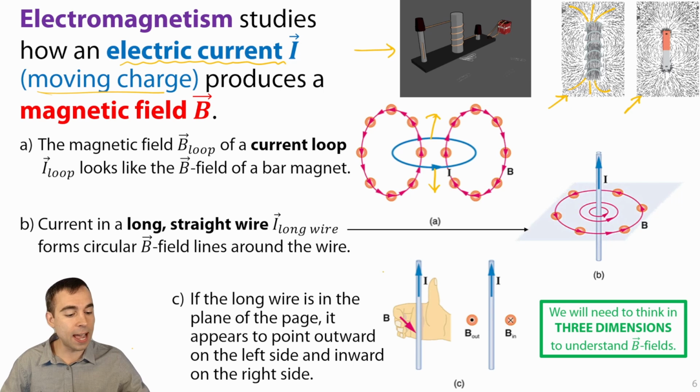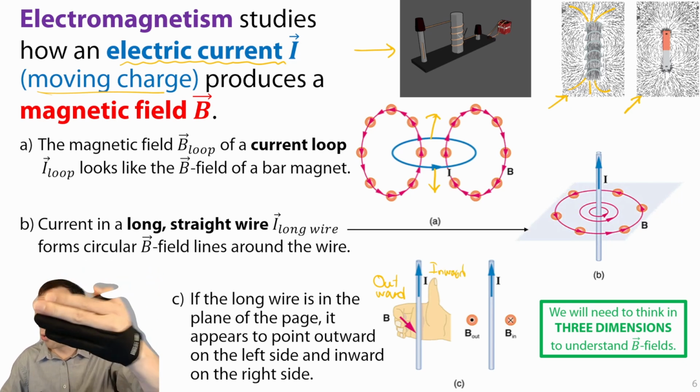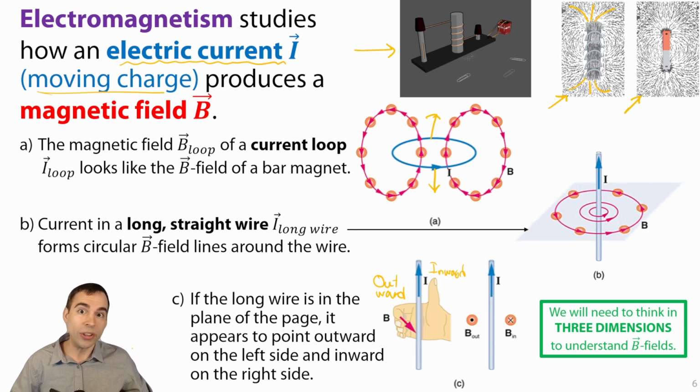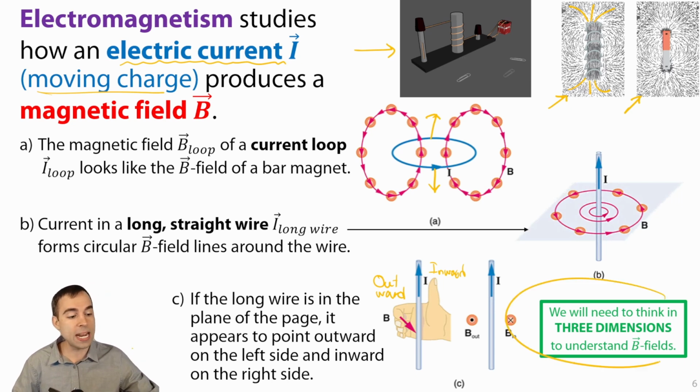And on the left side of that wire, essentially the magnetic field is always pointing outward, out of the page toward you. And on the right side, the magnetic field is always pointing inward, away from you, into the screen.